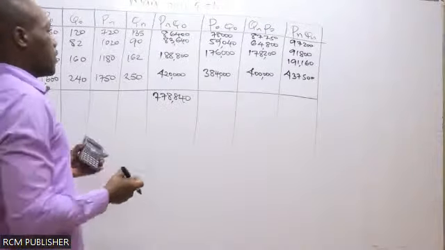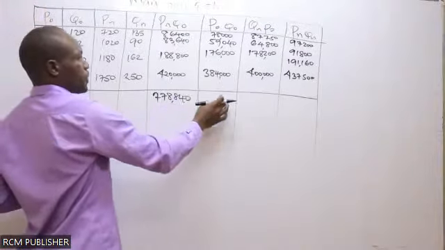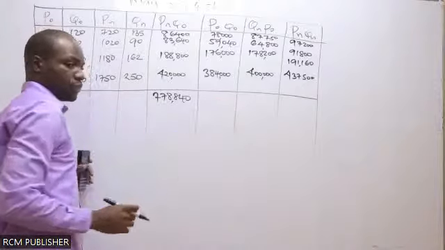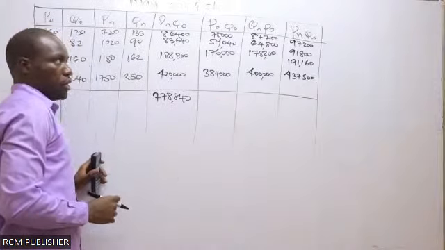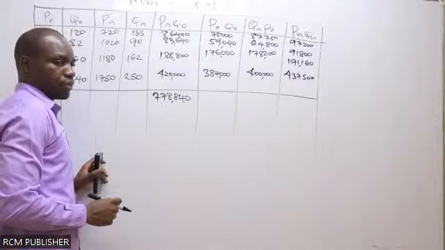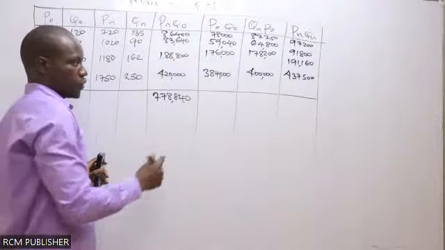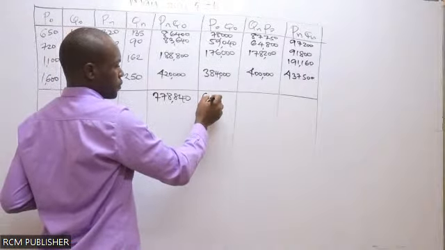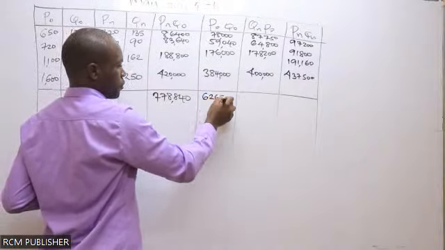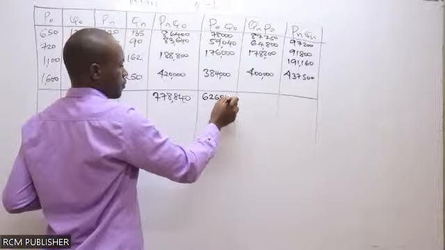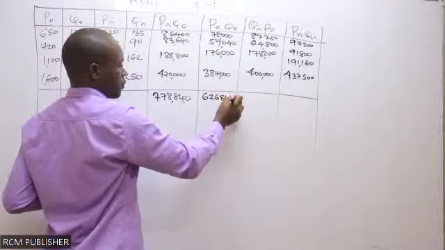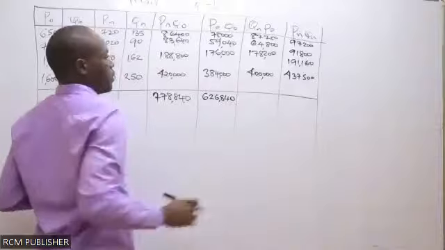Okay, so you can now give me the totals for this POQO. POQO is 626,840. Okay.